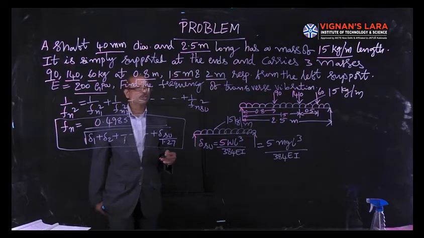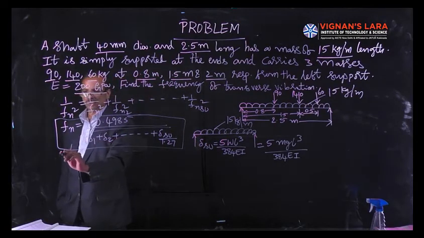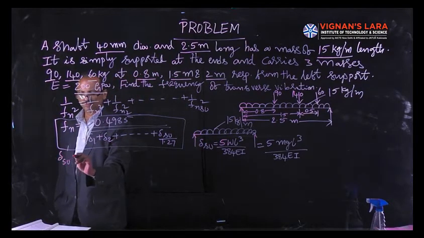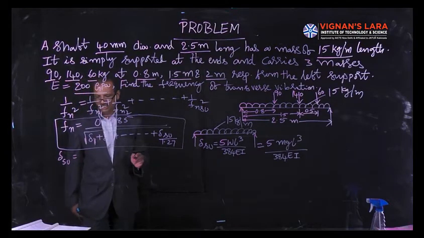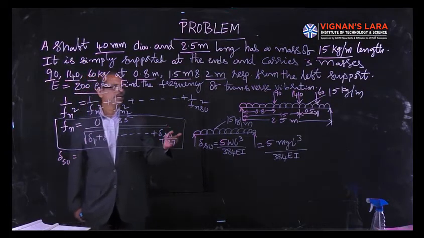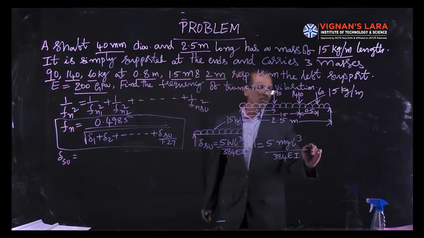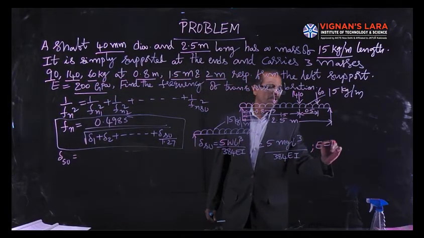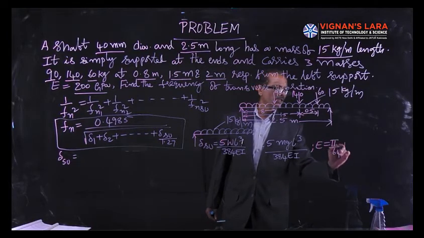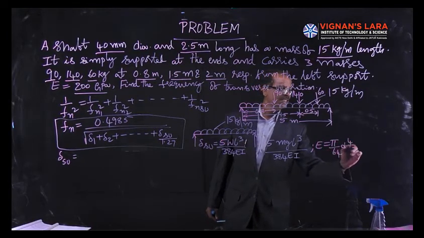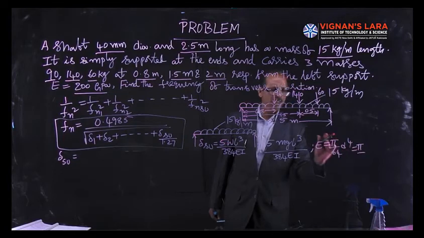So substitute those values, then delta SU is equal to, so by substituting first you have to get the I value.